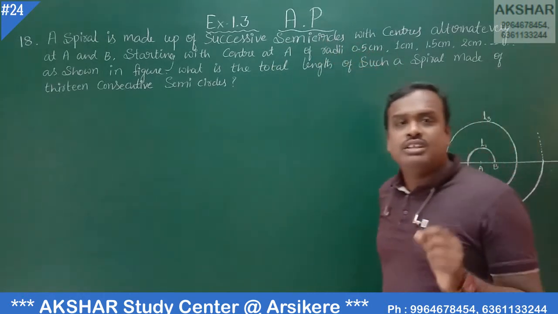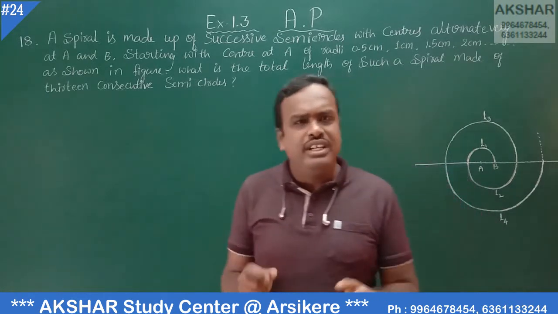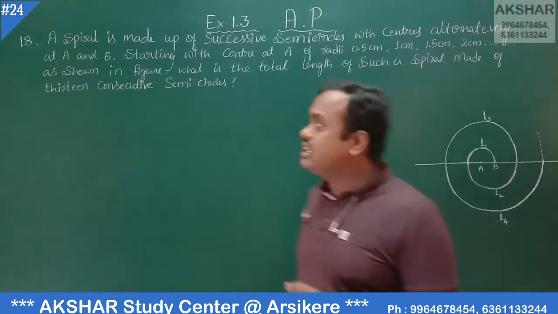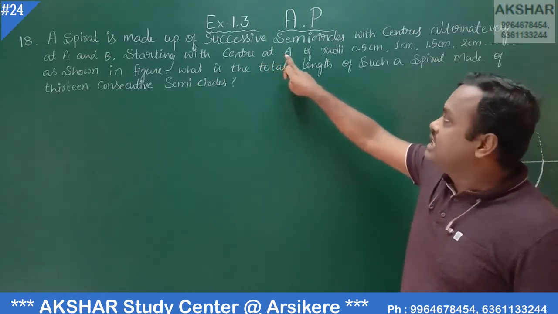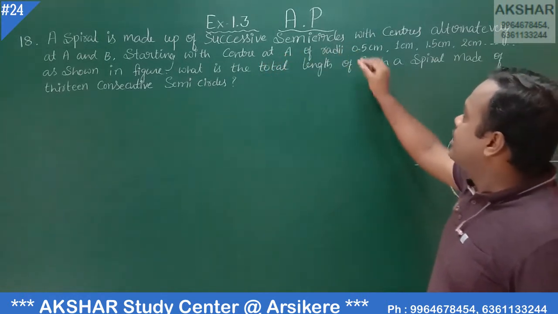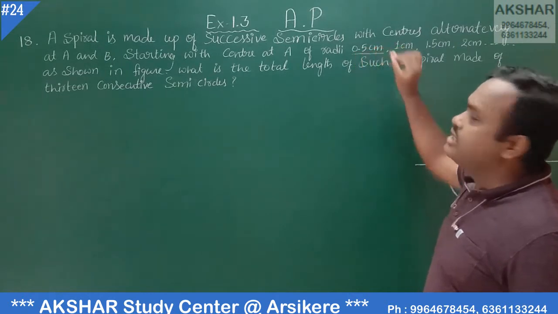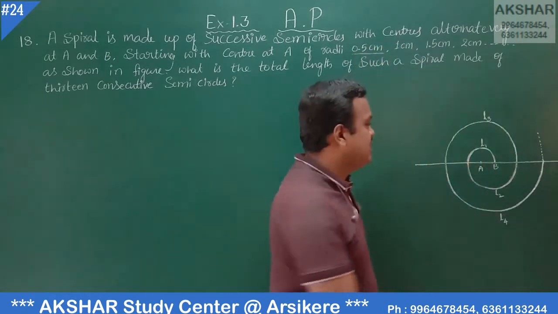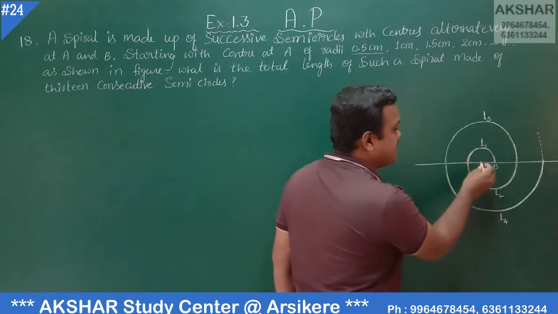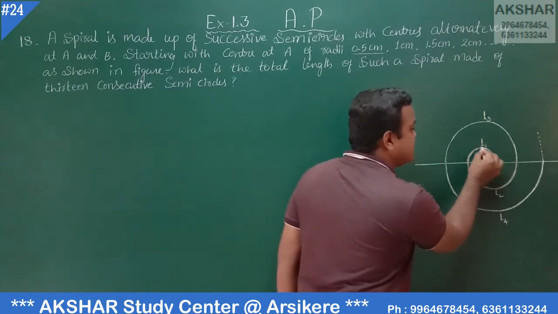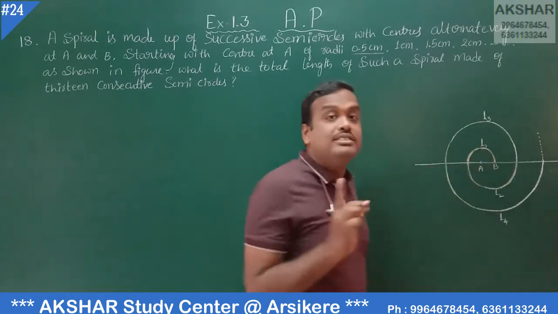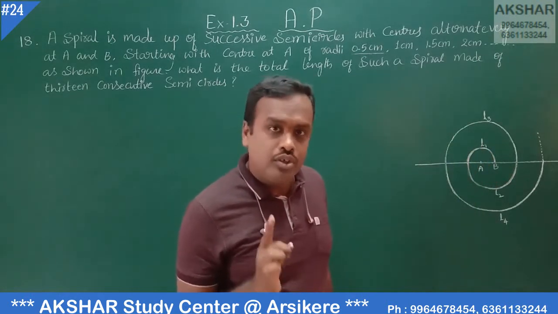Children, to draw a circle or semicircle, we need a radius, no? That's what they have given. For the first semicircle, with center A, the radius is 0.5 centimeter. Look at the figure here. You know radius?